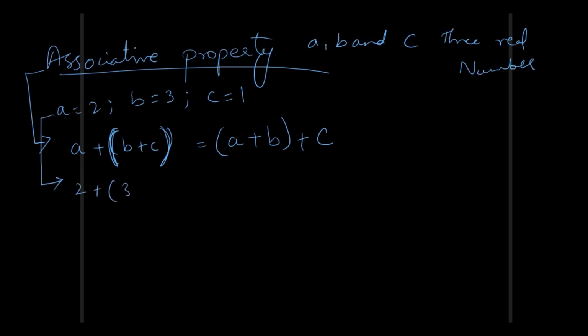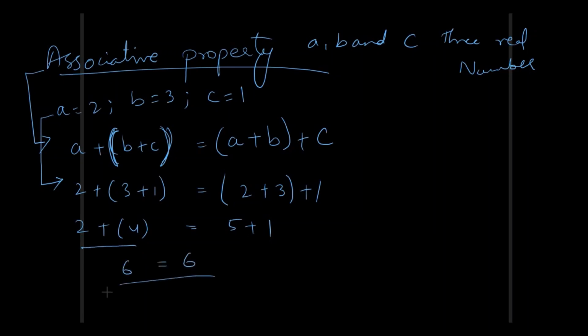(2 plus 3) plus 1 equal to 2 plus (3 plus 1). So 5 plus 1 equal to 2 plus 4. Here 5 plus 1 is 6, and 2 plus 4 is 6. So we can say that the associative property is satisfied by addition.